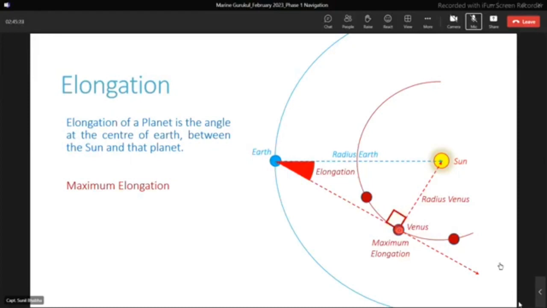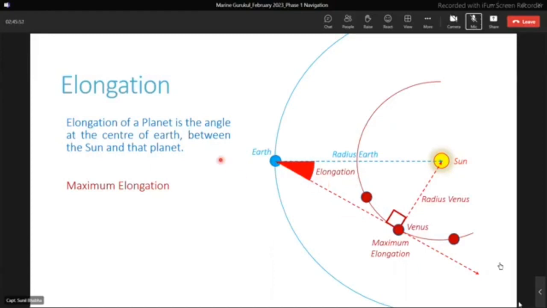Now, if you consider an exterior planet, meaning a planet whose orbital radius is greater than the radius of the Earth's orbit, like for example Mars, the maximum elongation of Mars is going to be 180 degrees. The maximum value of elongation possible is 180 degrees.